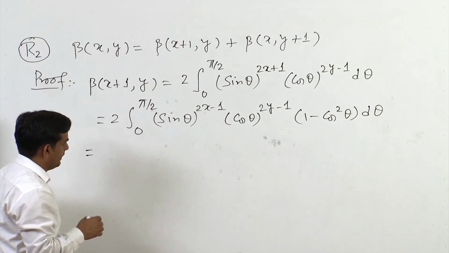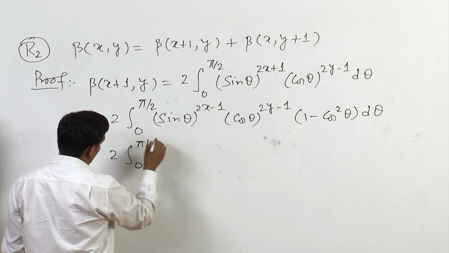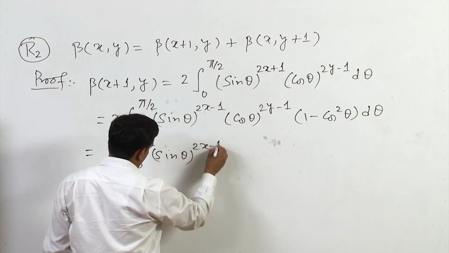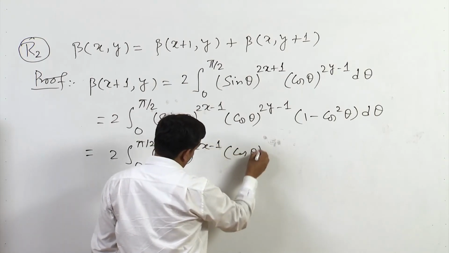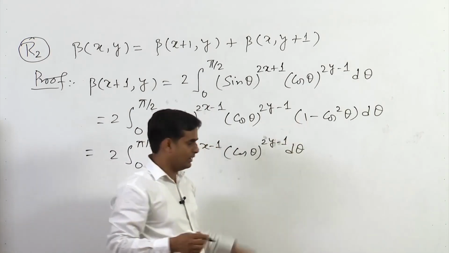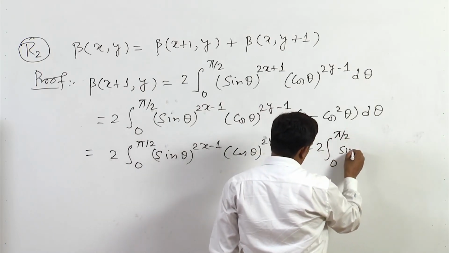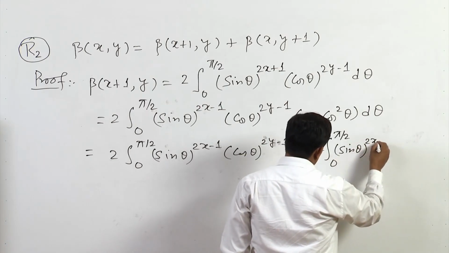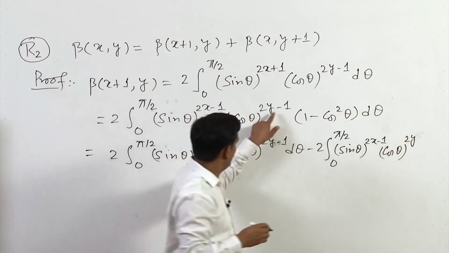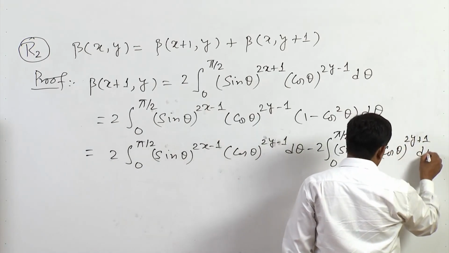Now, I am breaking this integral into two integrals: 2 times the integral from 0 to pi by 2 of sin theta raised to power 2x minus 1 cos theta raised to power 2y minus 1 d theta from this term, and minus 2 times the integral from 0 to pi by 2 of sin theta raised to power 2x minus 1 cos theta raised to power 2y plus 1 d theta, because here 2y minus 1 into cos square theta gives 2y plus 1.